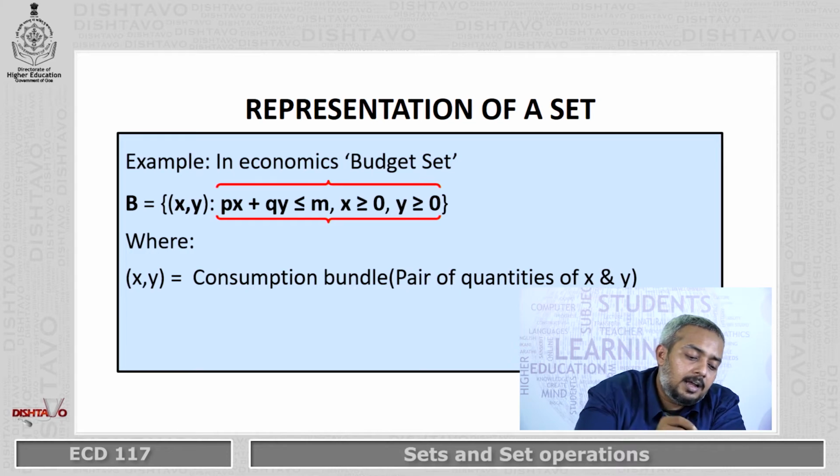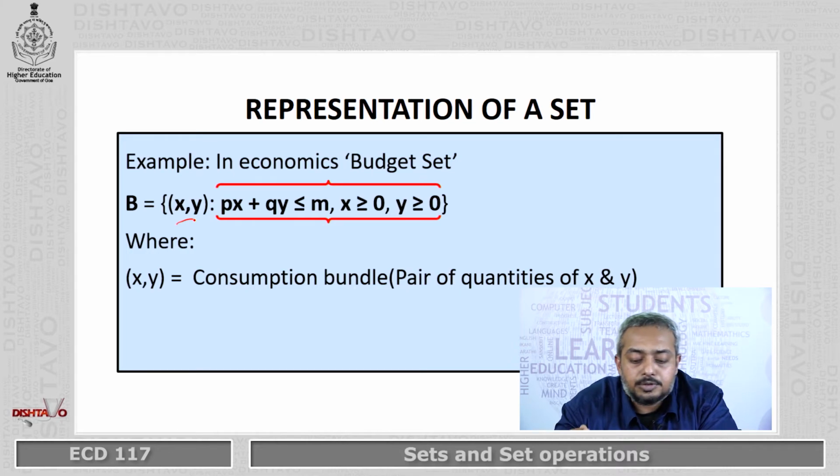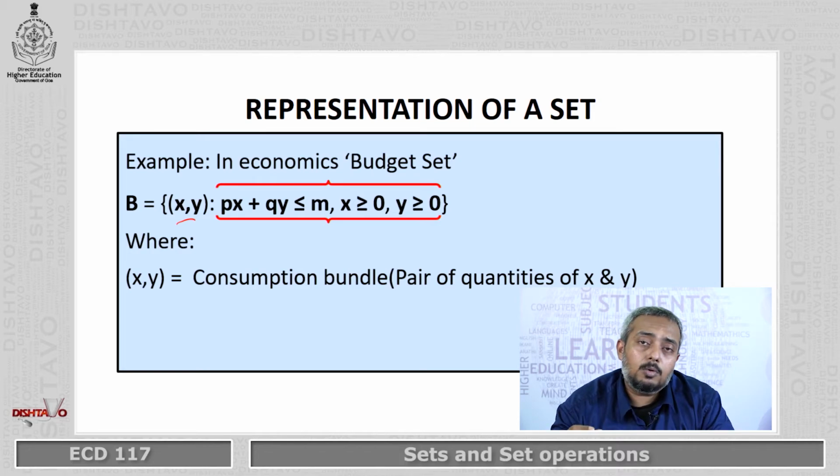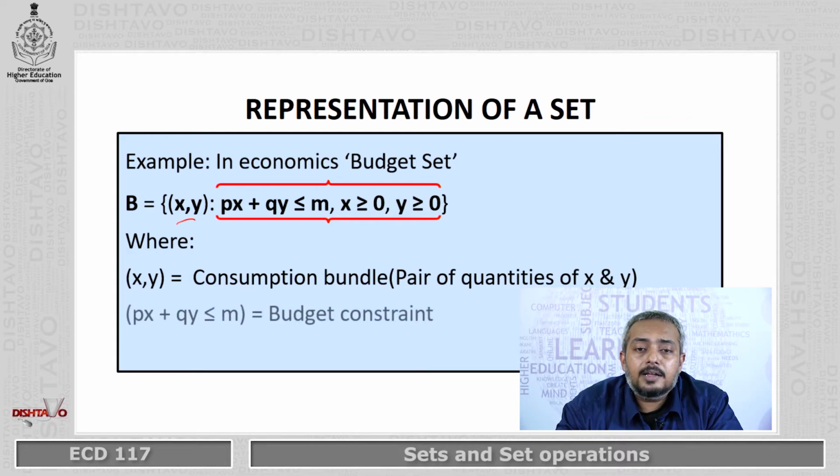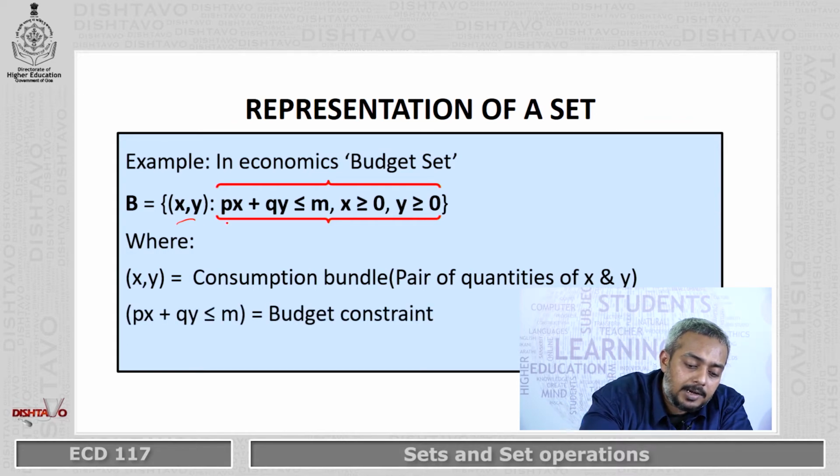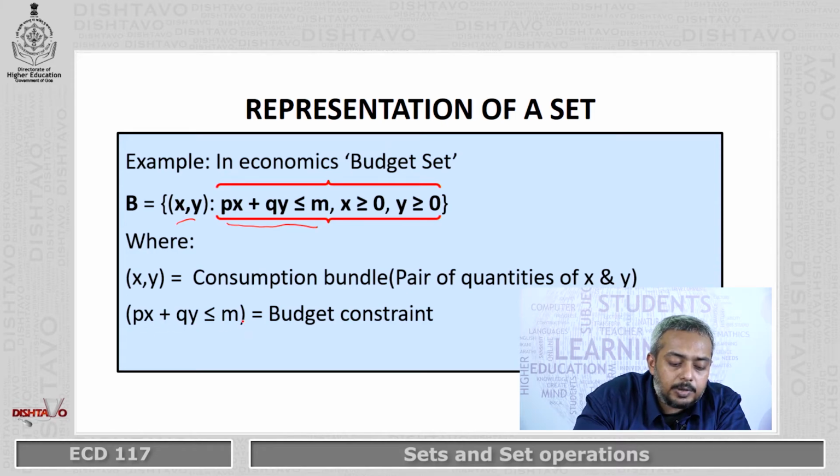X and y are nothing but consumption bundles. They are a pair of quantity of some commodity x and some commodity y. And this whole statement that you saw here, that is p x plus q y less than or equal to m, is basically your budget constraint.